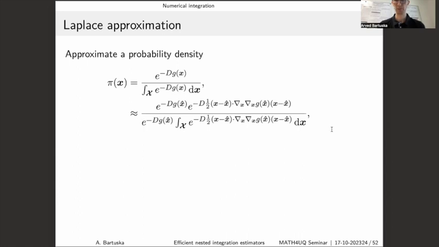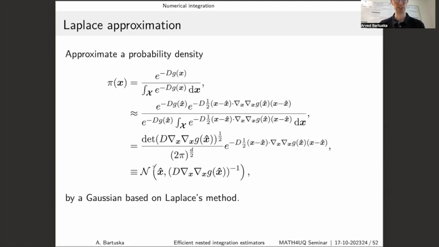In the denominator, we have the standard Laplace's method that I just introduced. And in the numerator, we also use the same second order Taylor. And then we can again evaluate this integral in closed form.